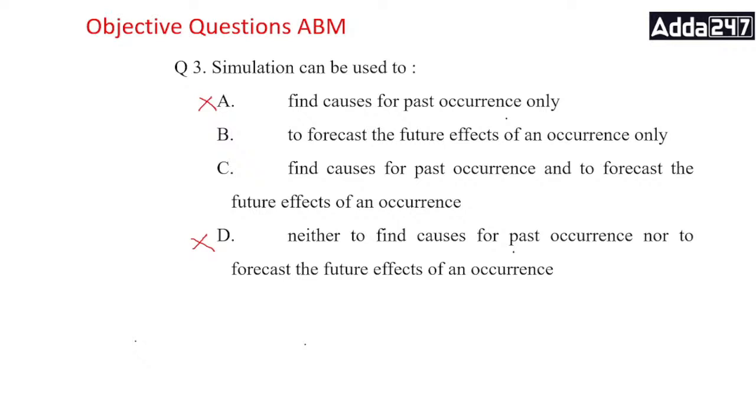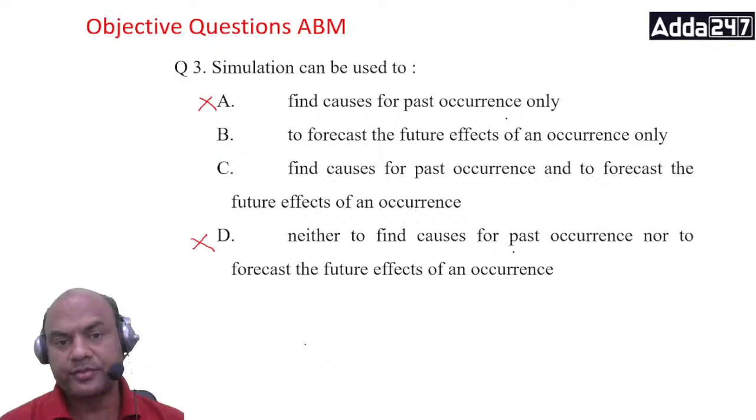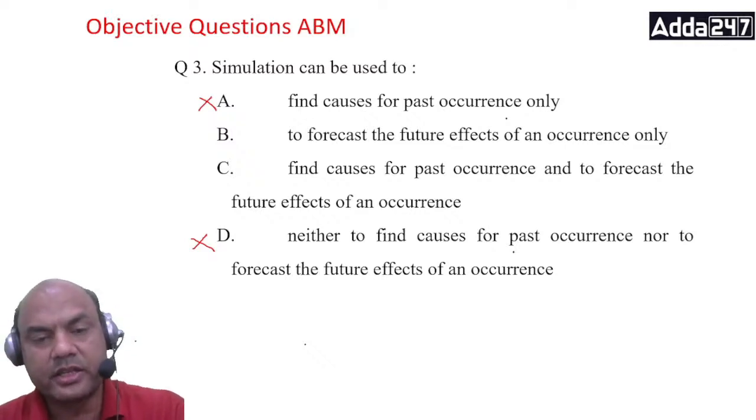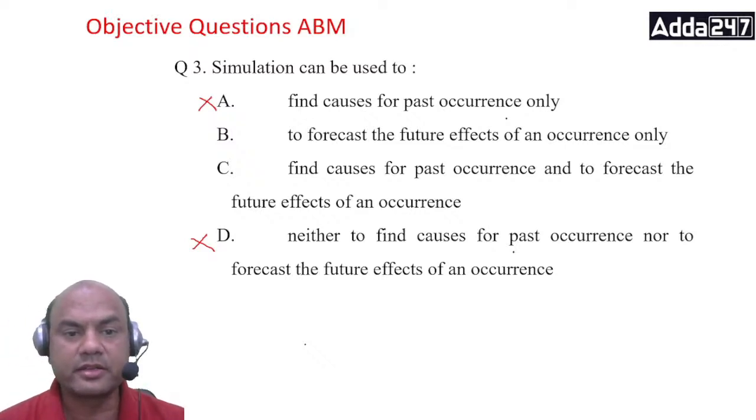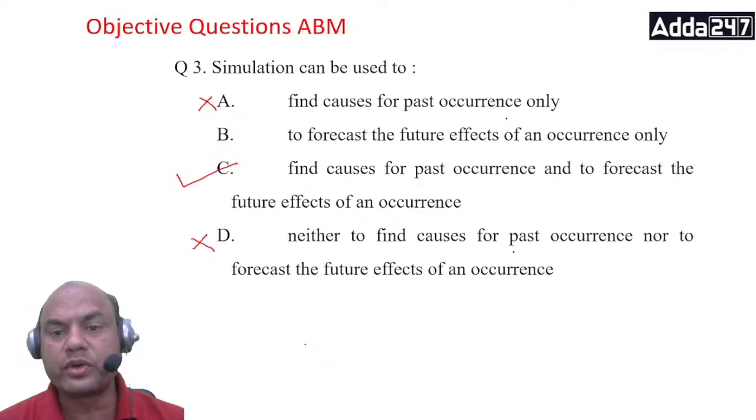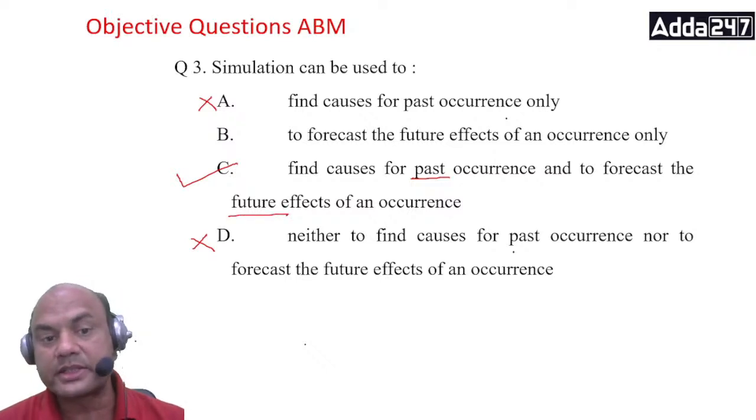The answer is, yeah. Is it B or C? The answer is C, correct? The answer is C, because it is used for past as well as to forecast the future, right? So C is the answer.